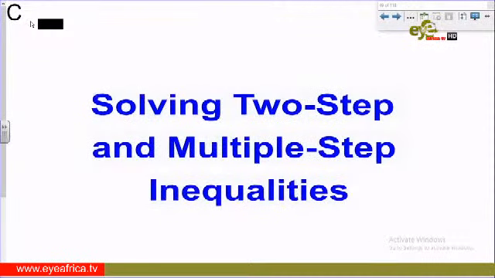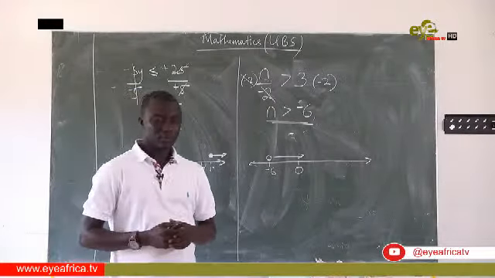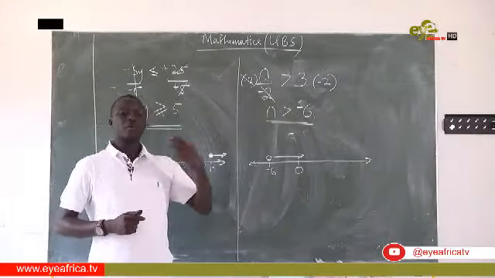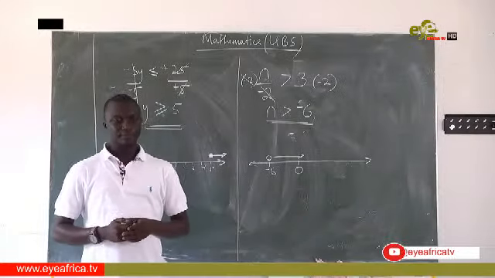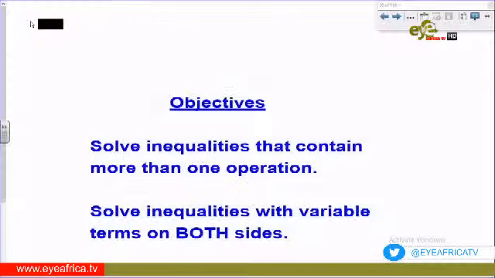Now our lesson proper today is solving two-step and multi-step inequalities. Inequalities that involve more than one step to solve, two steps or even more than two steps in the multi-step ones. Our objective is, by the time we are done with this lesson, we should be able to solve inequalities that contain more than one operation, and solve inequalities with variables on both sides.